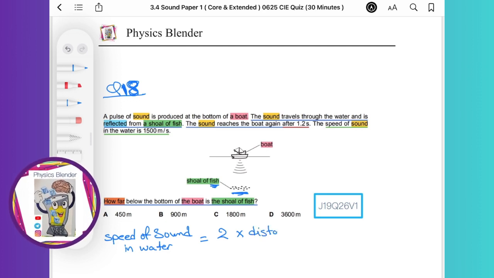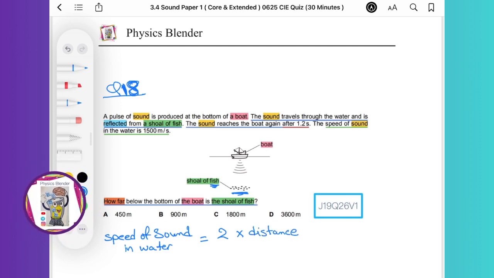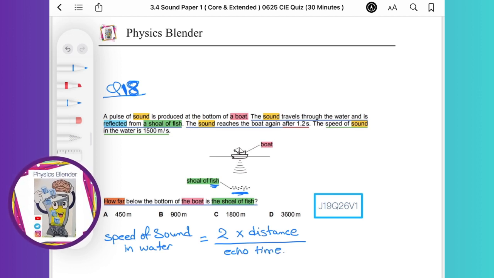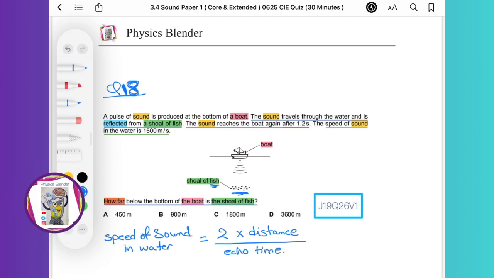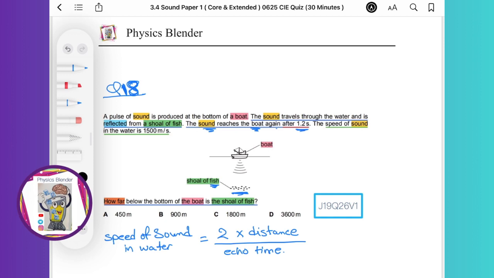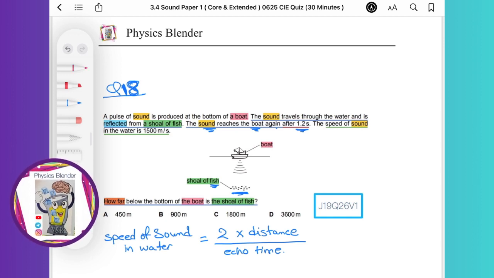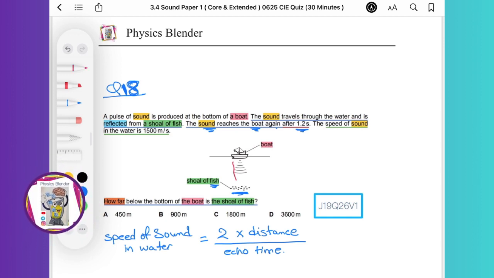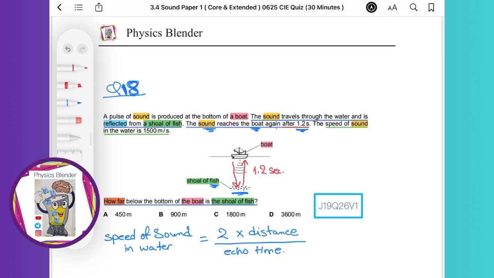Here I will not write depth of the sea, no, the distance required, over echo time. The sound reaches the boat again after 1.2 seconds. So it's the time taken for the sound to be reflected back.